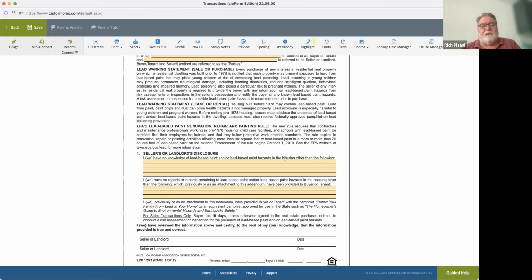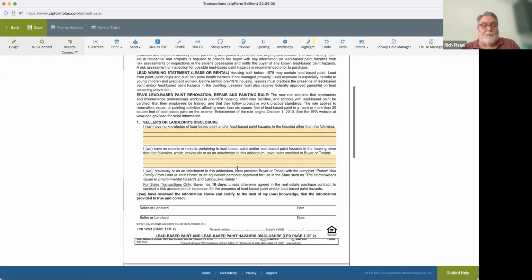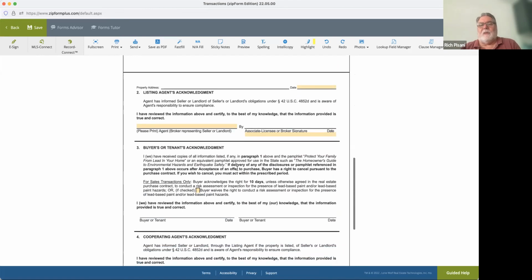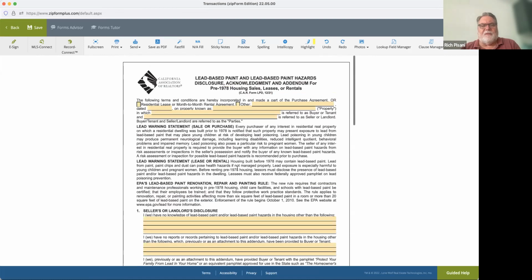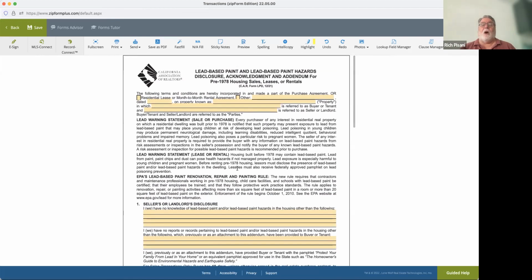They've changed this a little. The default is that the seller has no knowledge, but they can add things if they've done any reports. They've simplified it a little more and made it easier. So 1978 and before, you are required to do a lead-based paint disclosure.